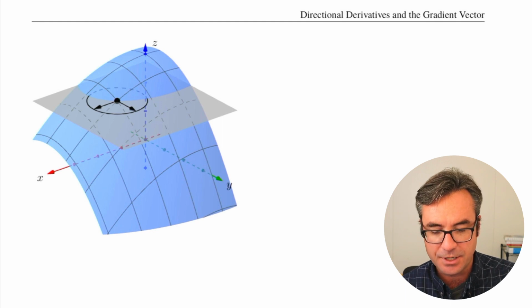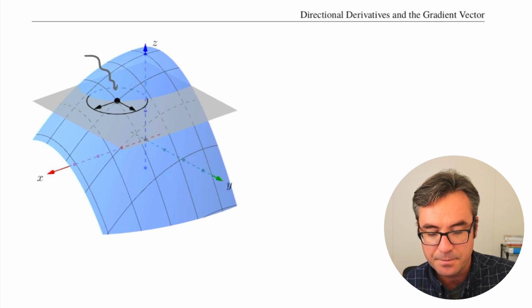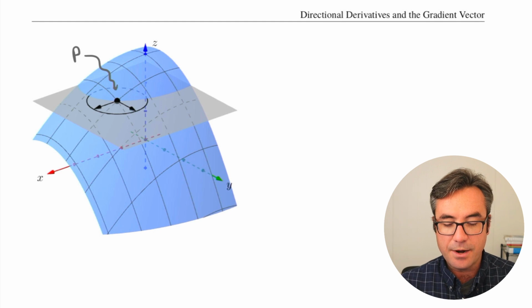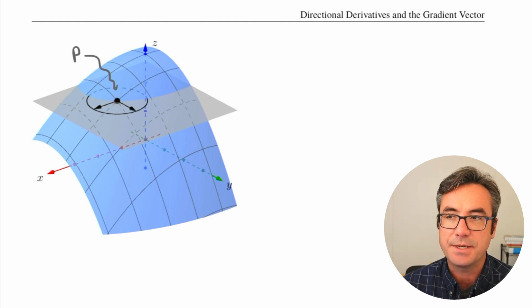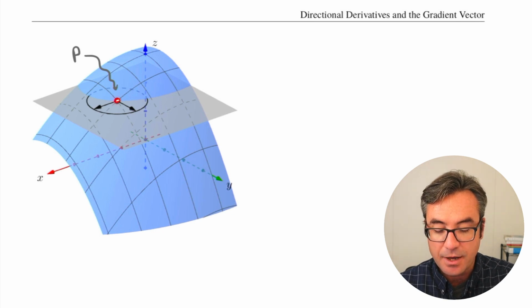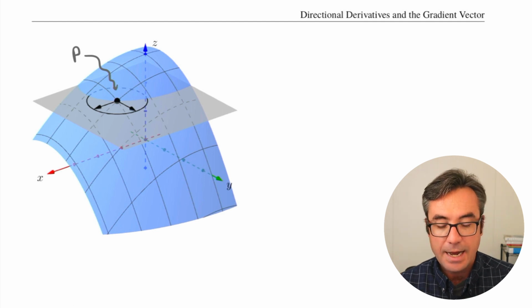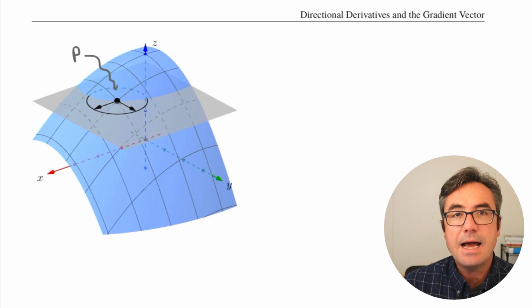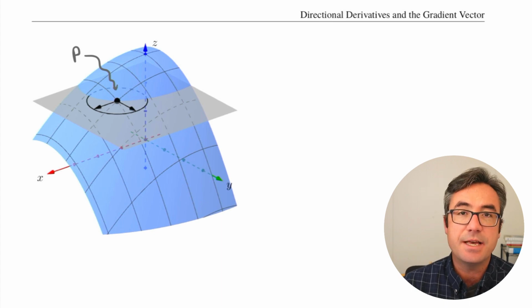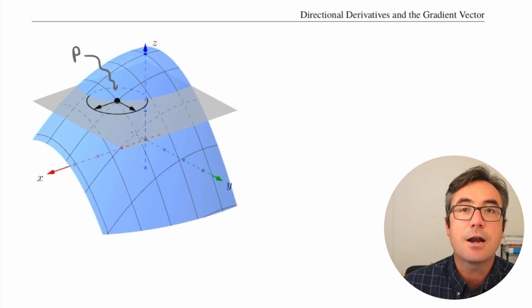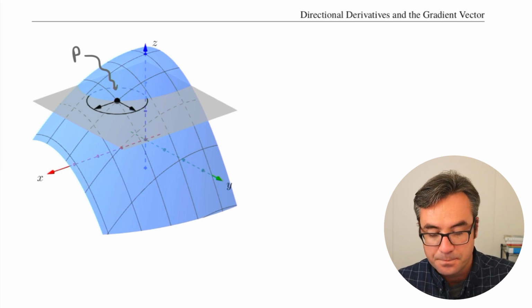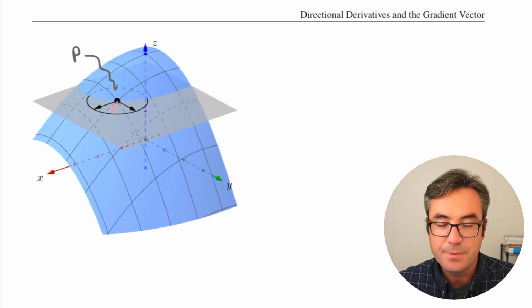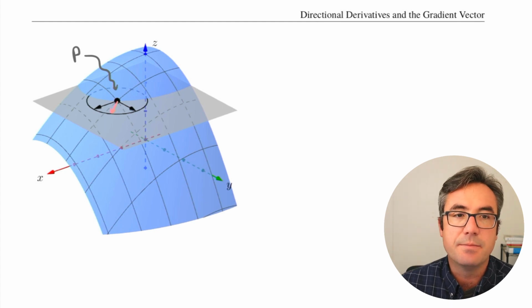So here's our point P. So imagine we're on our surface, we're standing at that point. Well, what we've seen so far is that we can see what happens to the height of my function as I take a step in the x direction. I could look at what happens in the y direction, but now we're going to look at what happens if we take an arbitrary direction. So maybe something in the middle there.